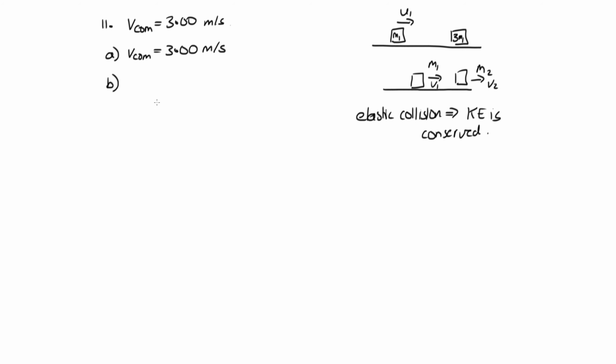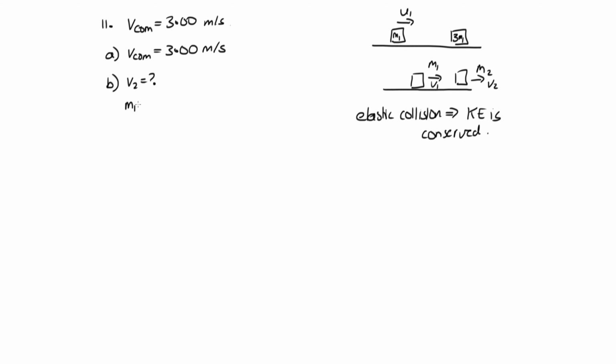Part B is now more challenging because now what it's asking us to do is find the final speed of block 2. So let's go through what we know and write down equations for it. So we know that momentum's conserved.